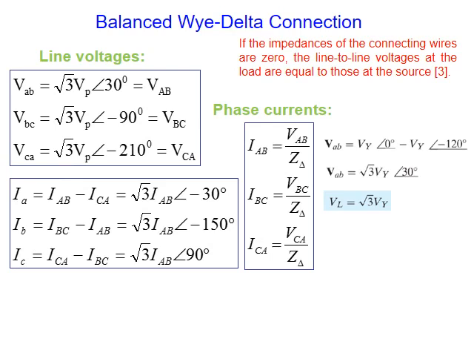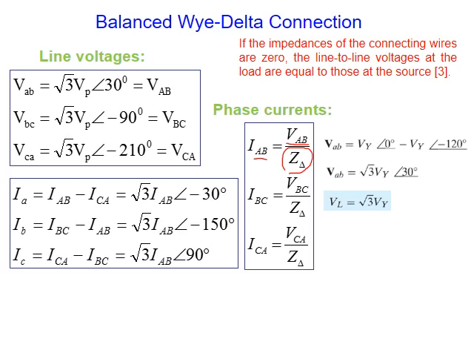Now if we come to the representation of voltages and currents, the load current IAB is VAB over Z delta, and the same for the other two currents, IBC and ICA. Also the load voltage divided by the impedance, Ohm's law.